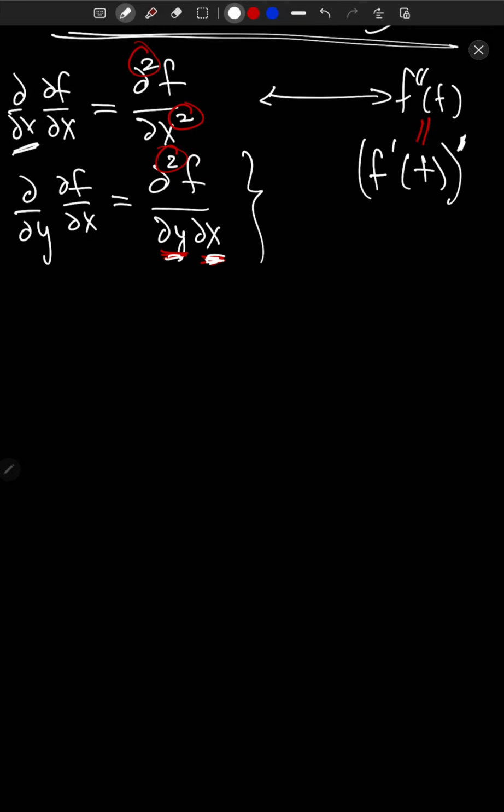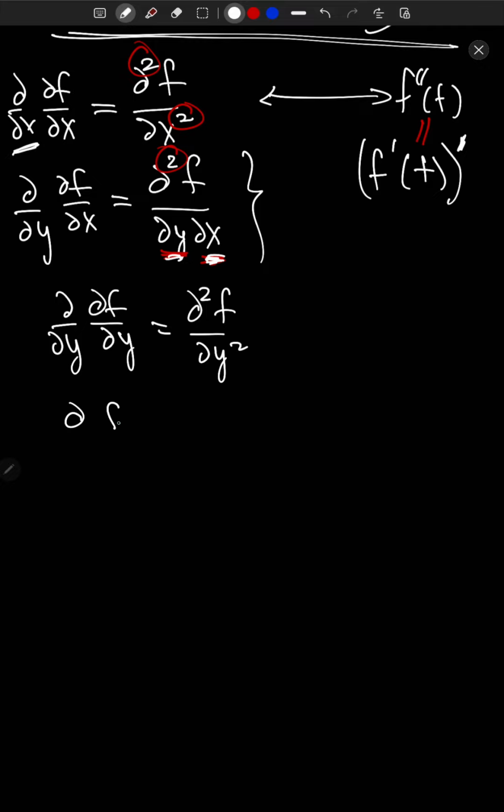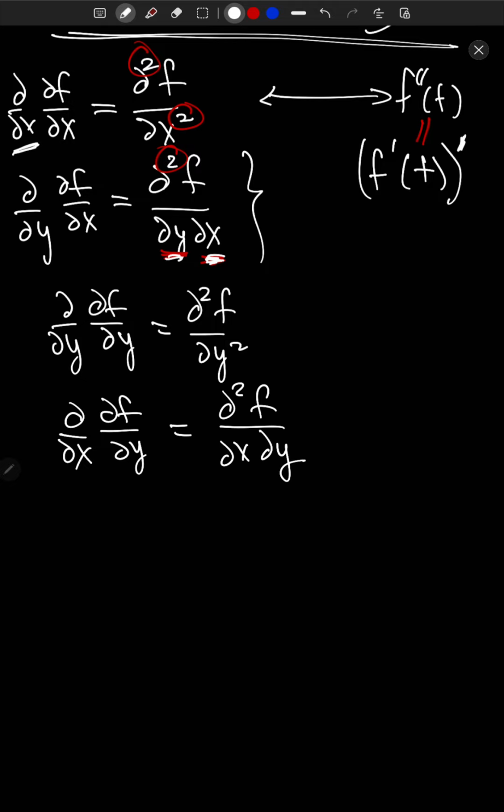Now of course we have df dy, and we can take derivatives of that with respect to y. That would be d squared f dy squared. And the last possibility is df dy, and then you take the x derivative of that. That's d squared f dx dy.